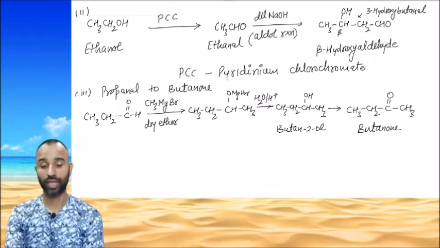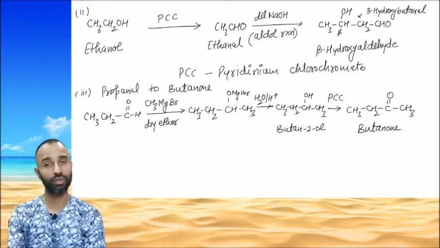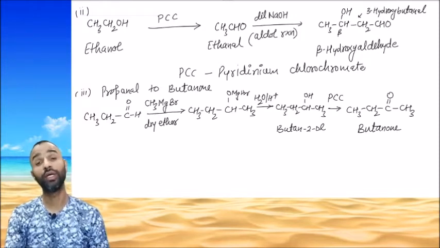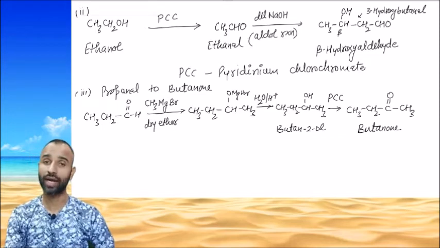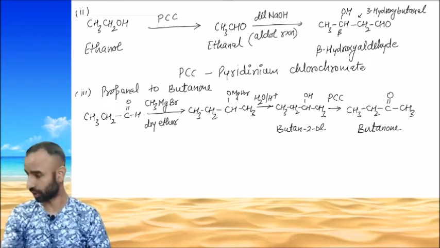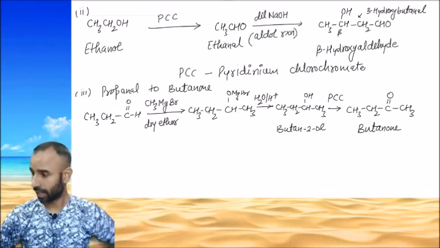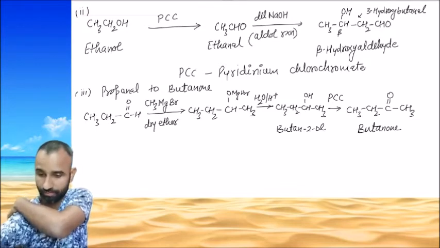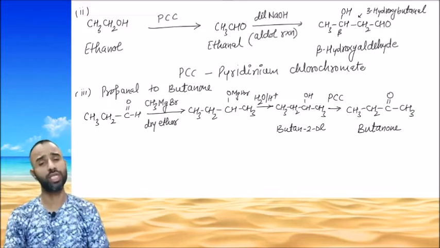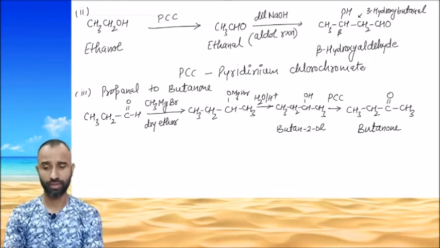So secondary alcohol, it is oxidized to butanone by, even we can use PCC or we can use anhydrous CrO3, or even potassium dichromate can be used. Okay, acidified potassium dichromate can be used for secondary alcohol to convert into ketone.